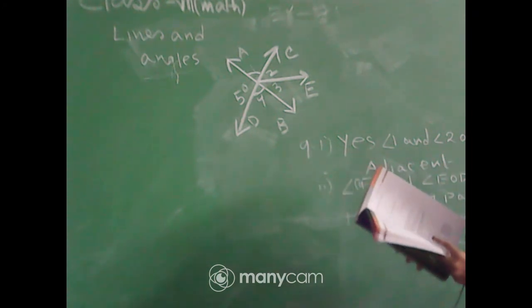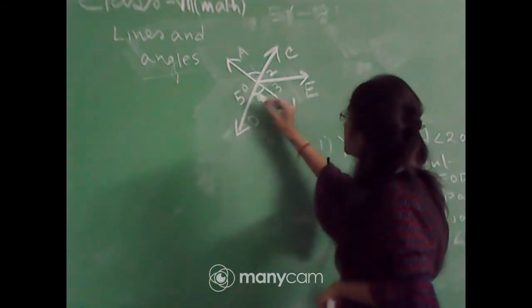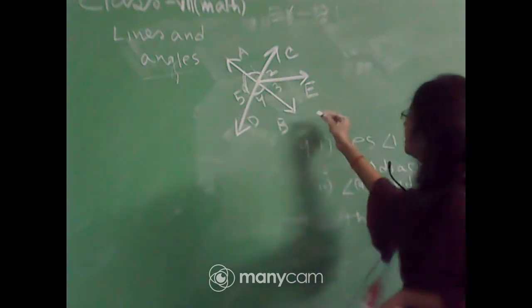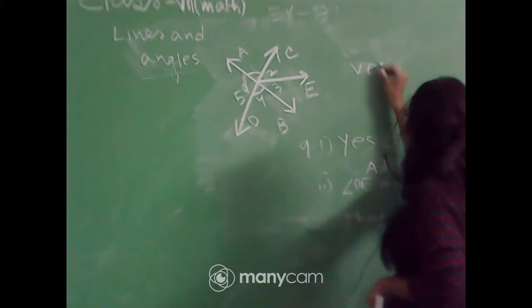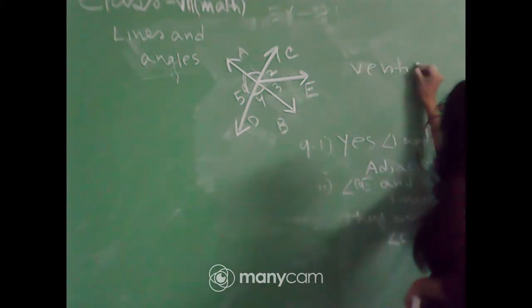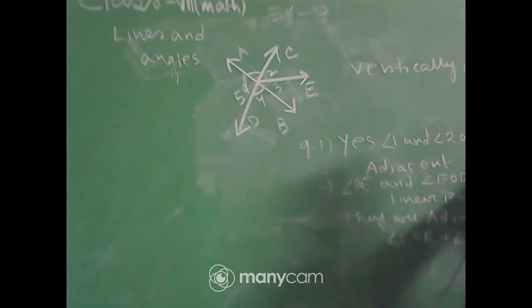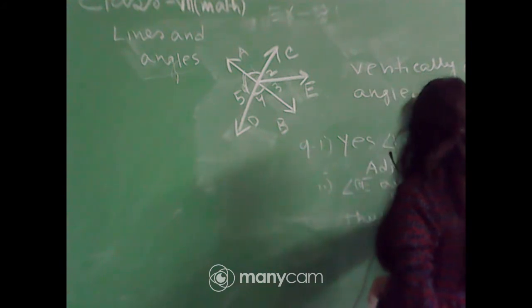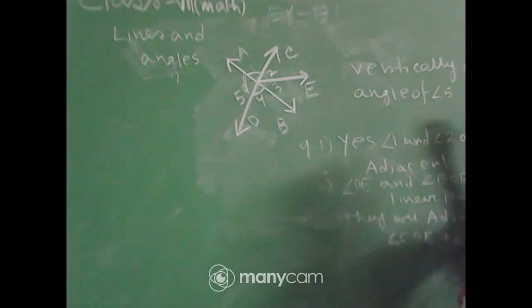What is the vertically opposite angle of angle 5? The vertically opposite angle of angle 5 is angle BOC.